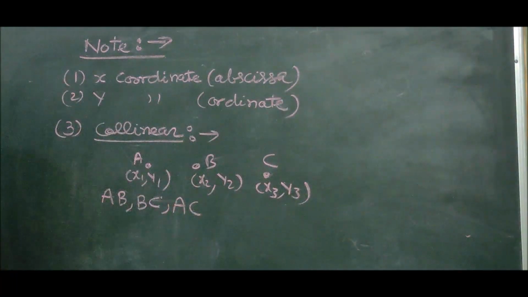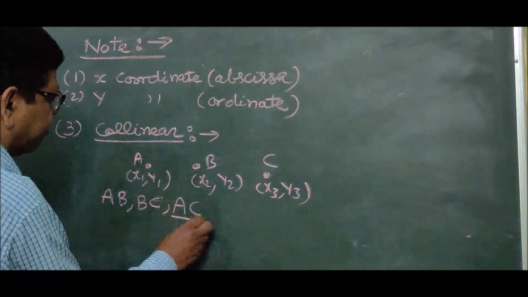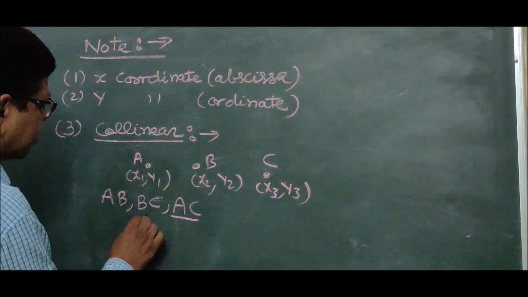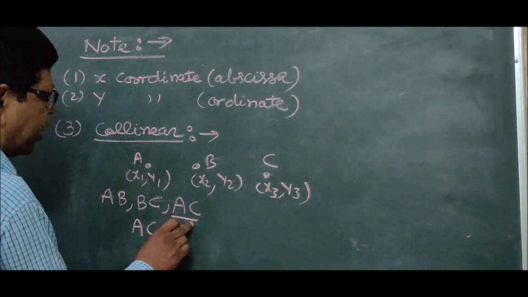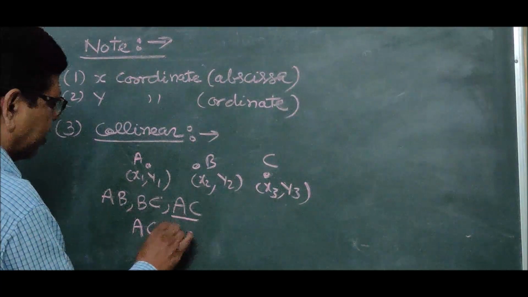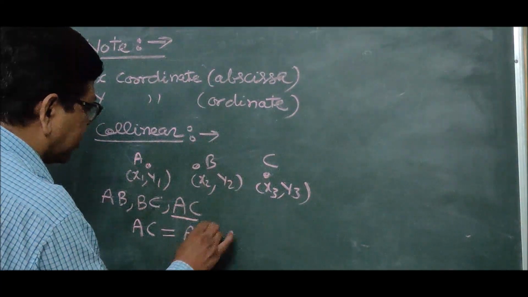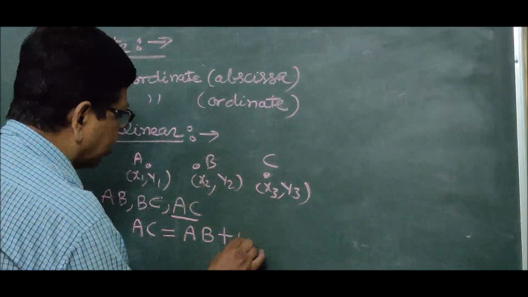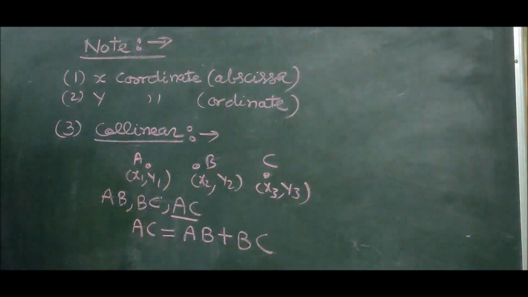After finding the distances, you will see which is the longest distance, which has the maximum value. If the maximum distance, suppose AC is maximum, can be expressed as the sum of the other two, then the 3 points are said to be collinear.